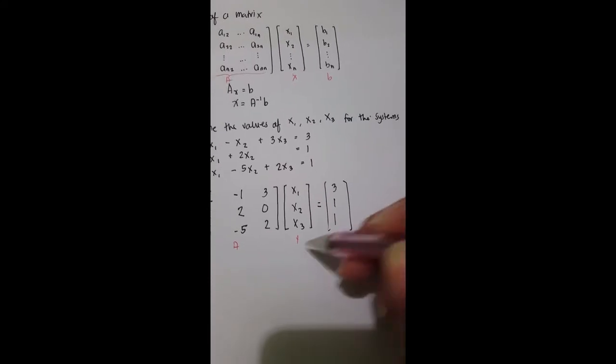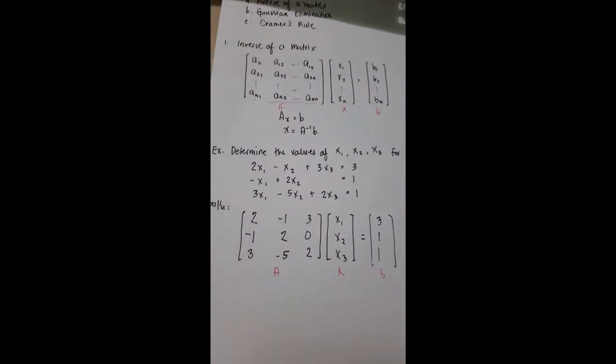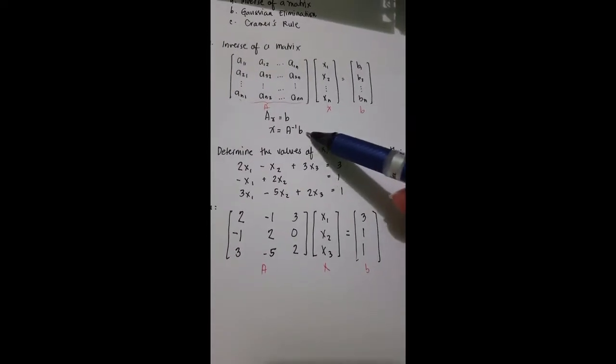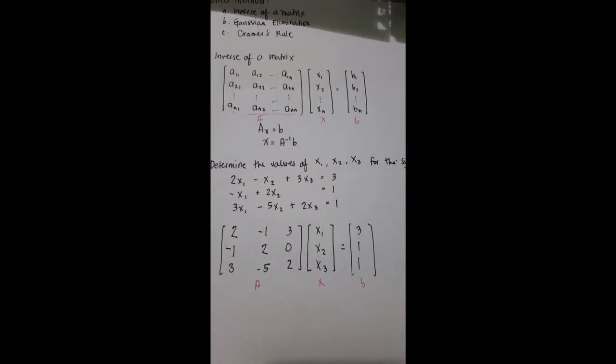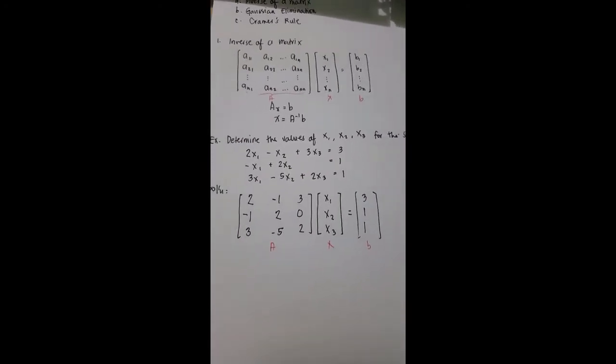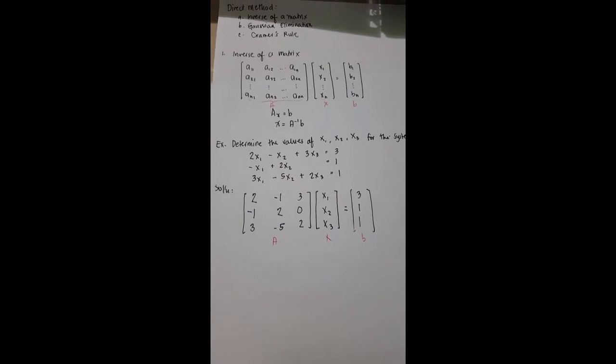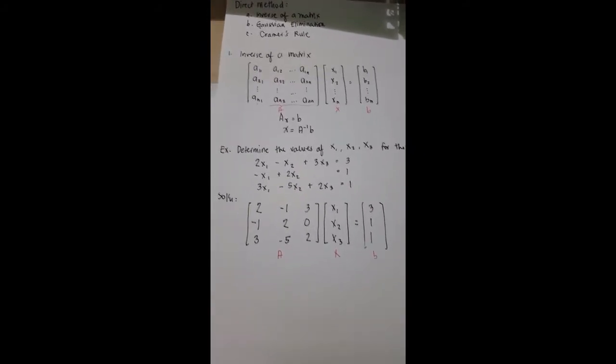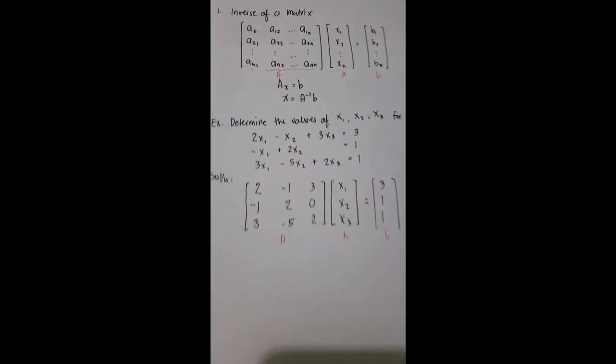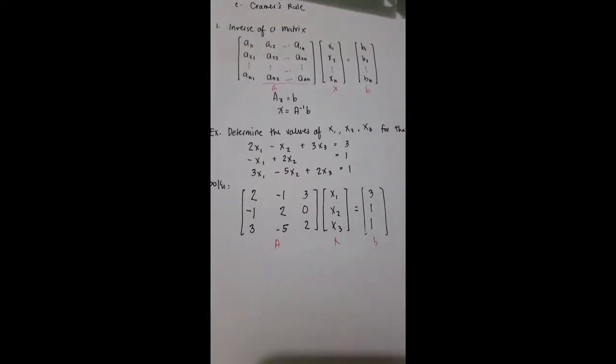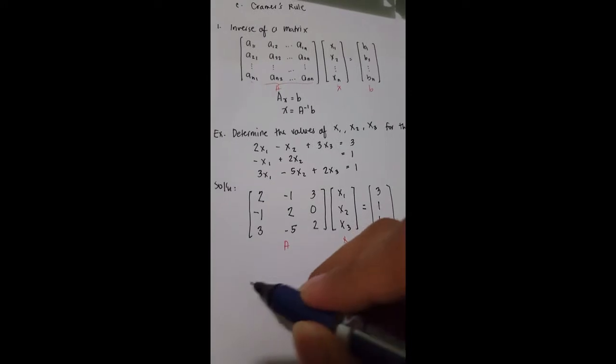So, A, X, and B. Okay, so our solution is easy. We get the inverse and then multiply it with B. So, this will be your practice exercise on how to get the inverse of the matrix. So, for example, we have already gotten the inverse of the matrix.